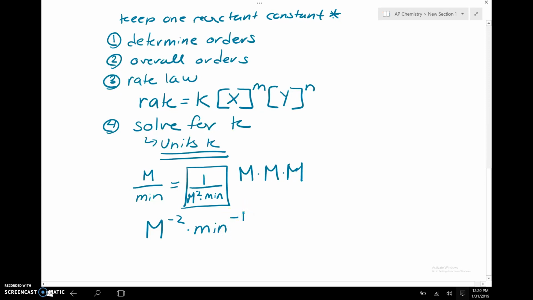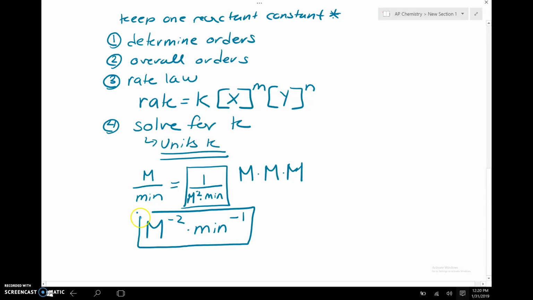And I get that by reporting whatever's on bottom, but if it's on bottom, you have to report it with the negative exponent. So since this has an exponent of 2, I make it -2. Since this has an exponent of 1, I make it -1. And there we have molarity^-2, minute^-1 as an example for how to solve for K.